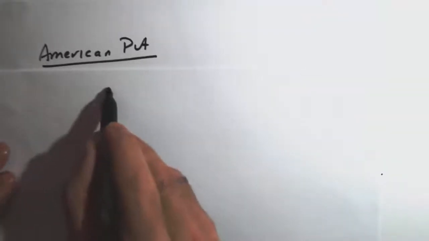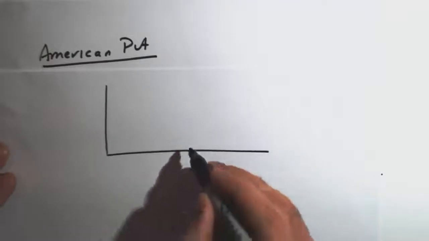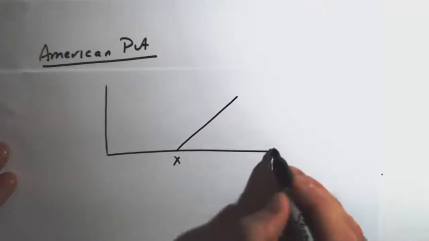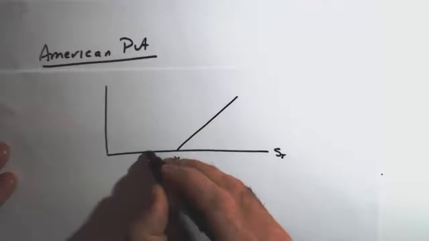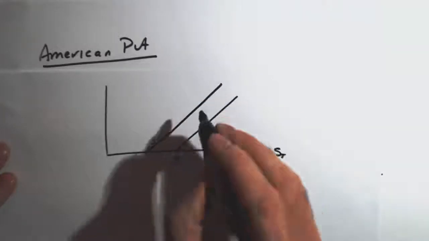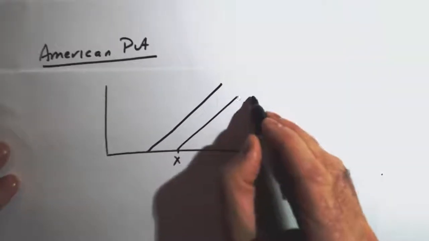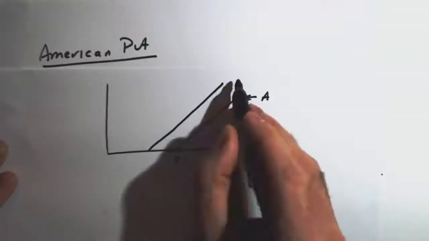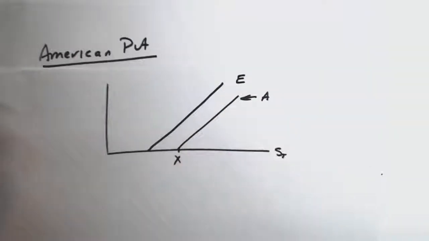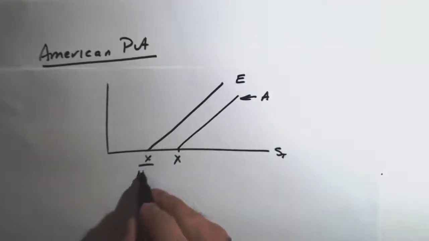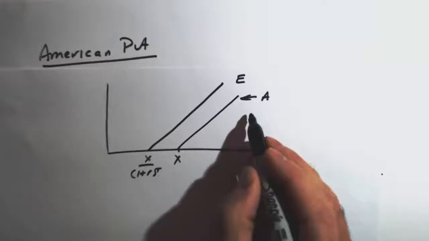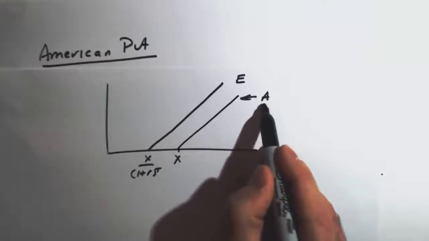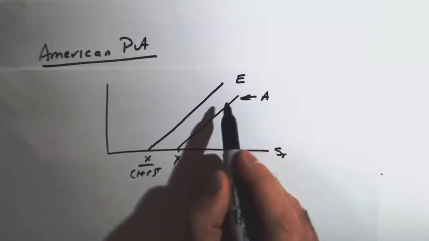Well, we showed in the previous chapter, remember we had a discussion where we had the lower bound for a European and an American. We said this was the American lower bound, and this was the European lower bound, which was the present value of the strike. We said that an American can do everything that a European option can do.